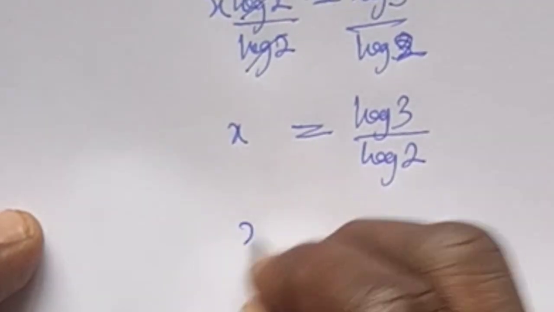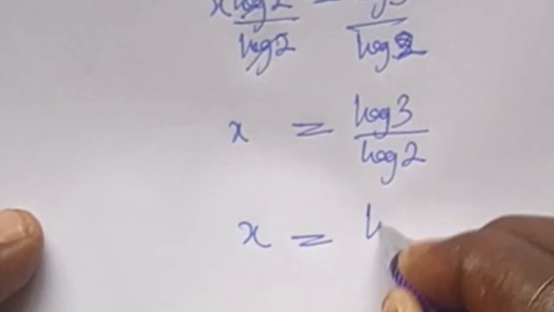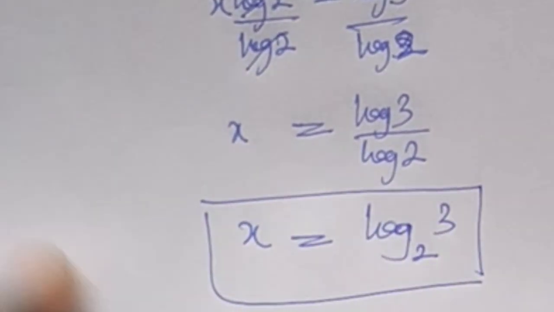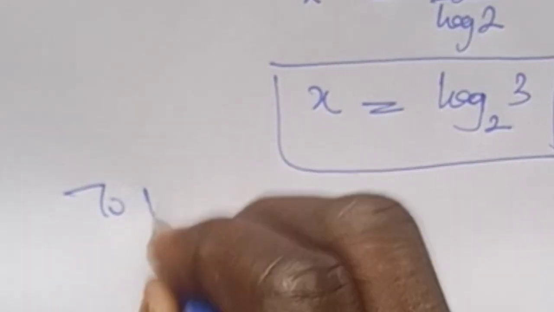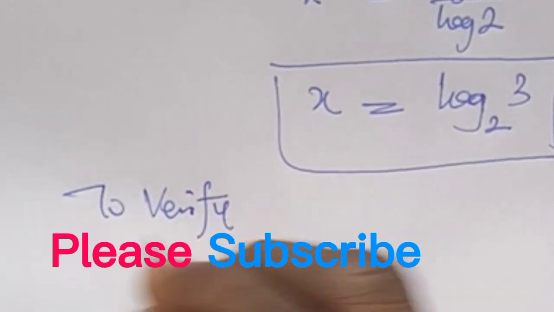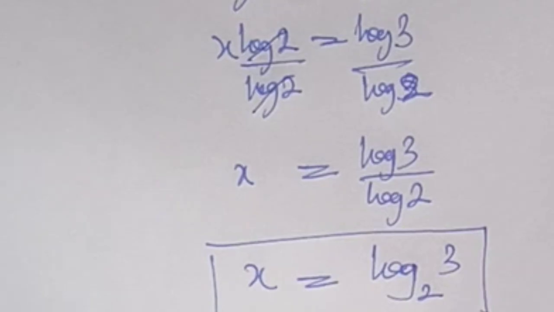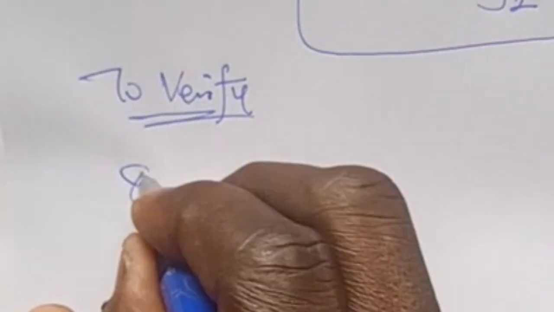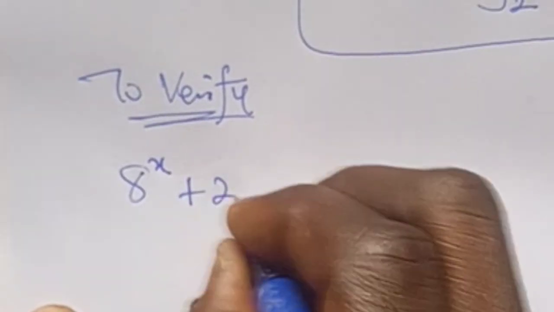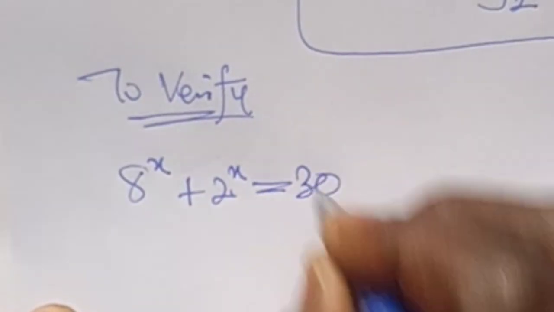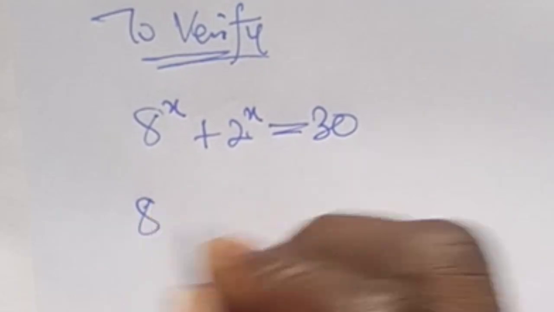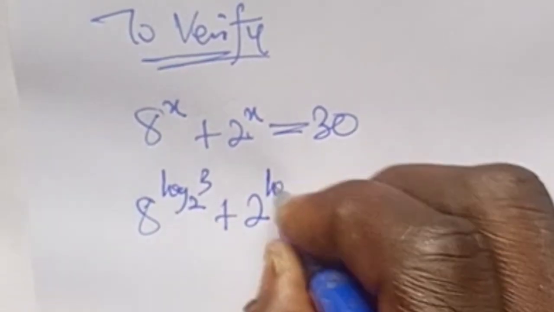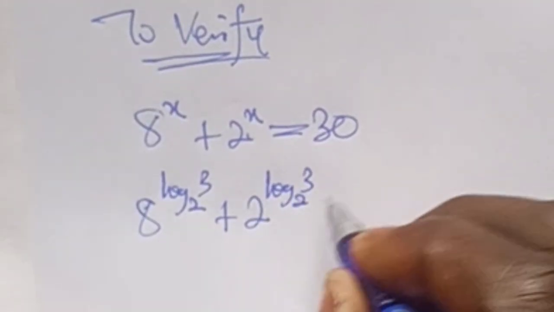This can be simplified as x equals log 3 base 2. We can decide to verify this, if actually x equals log 3 base 2 satisfies the original equation, and the original equation is 8 to the power of x plus 2 to the power of x is equal to 30. So that 8 will be to the power of log 3 base 2 plus 2 to the power of log 3 base 2.